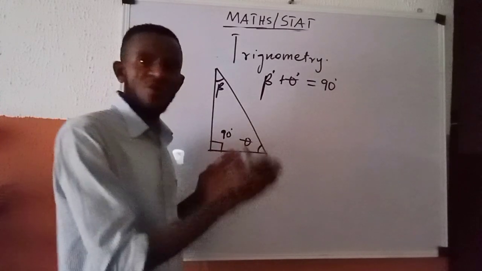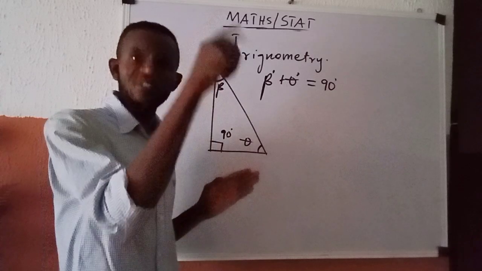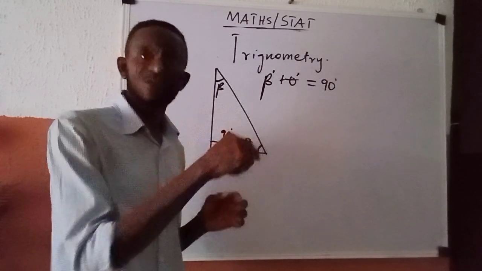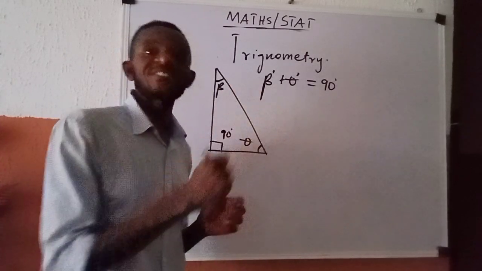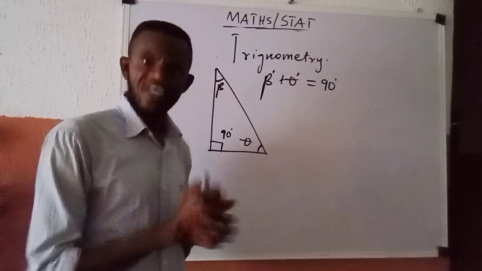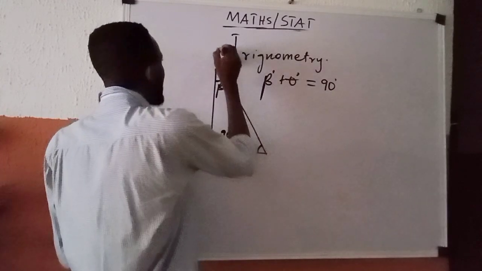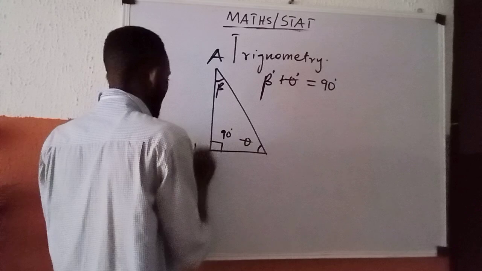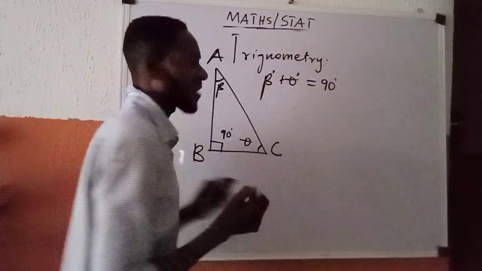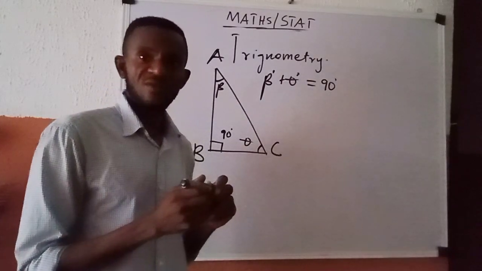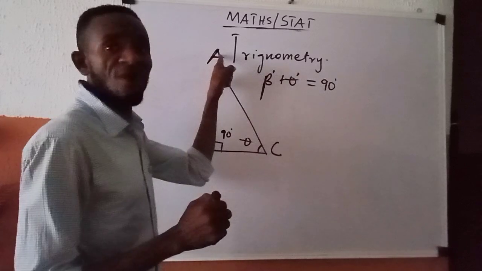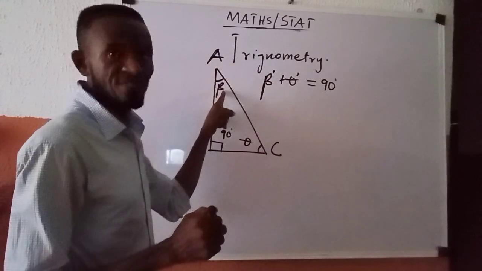Ordinarily, when a triangle is drawn, we use capital letters to denote the angles that are contained inside that triangle. Therefore, I can label here capital A, here capital B, and here capital C. What this A stands for is this beta degrees.